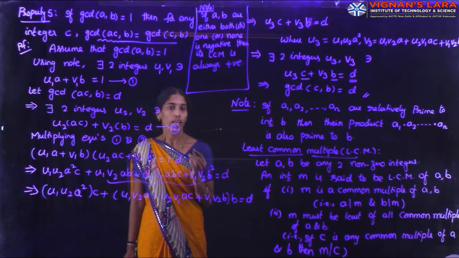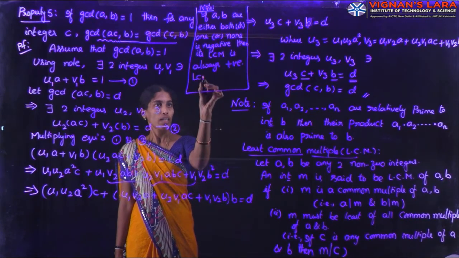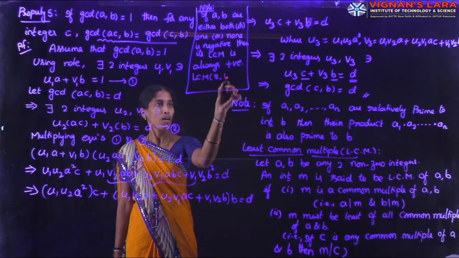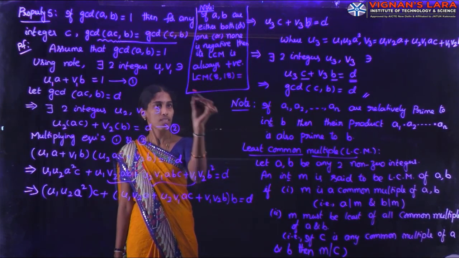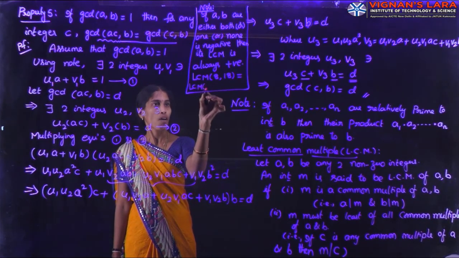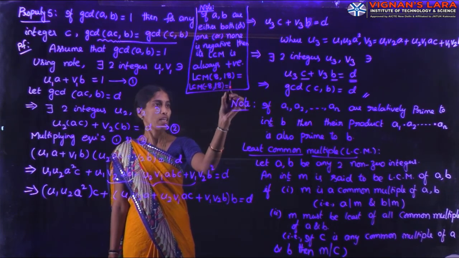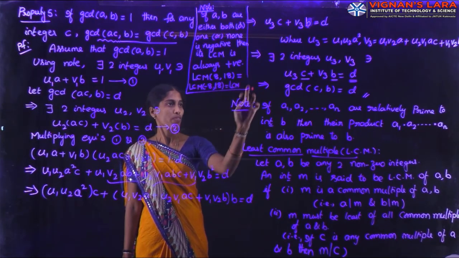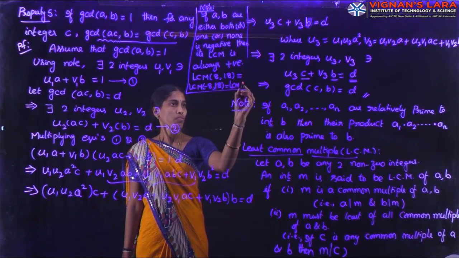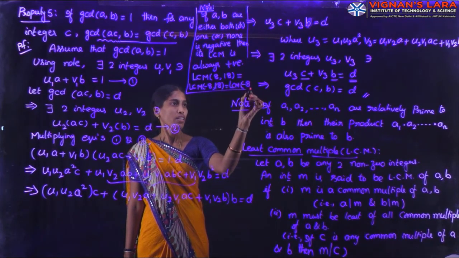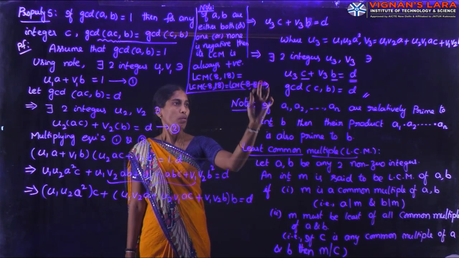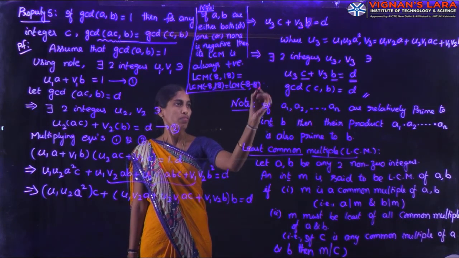If you see one example, LCM of 8 comma 18 is same as LCM of minus 8 comma 18 is same as LCM of minus 8 comma minus 18, right?